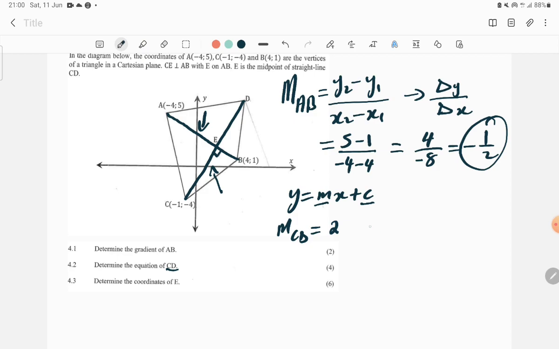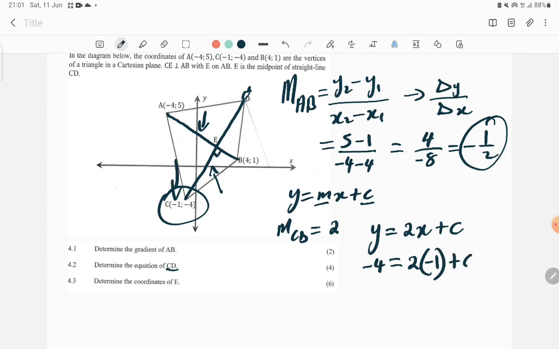Then we can continue using our formula. In the place of m we put 2, then we have x, then plus c. To find c, we can use the coordinates of C, because this is the only point that we know on the line CD. In the place of y, we put negative 4, and in the place of x, we put negative 1, then plus c.